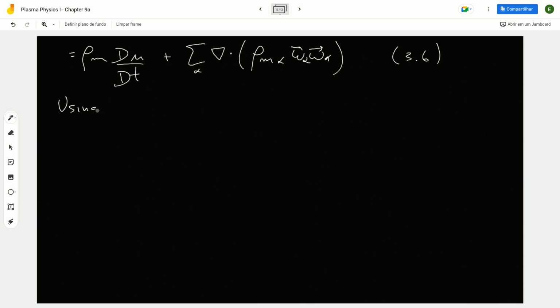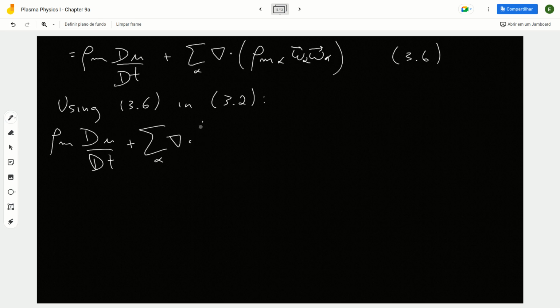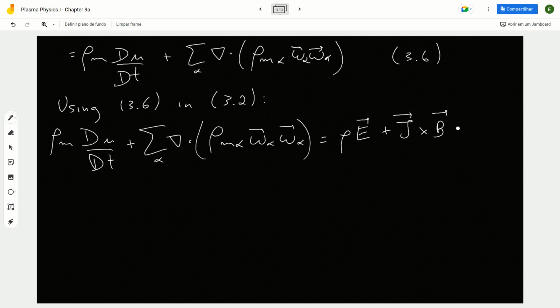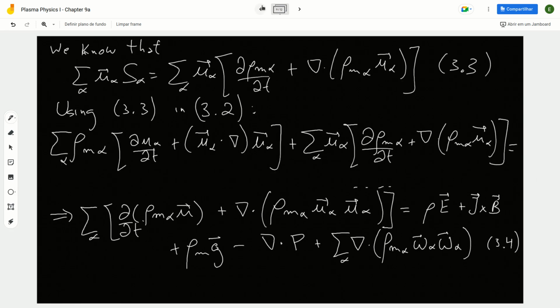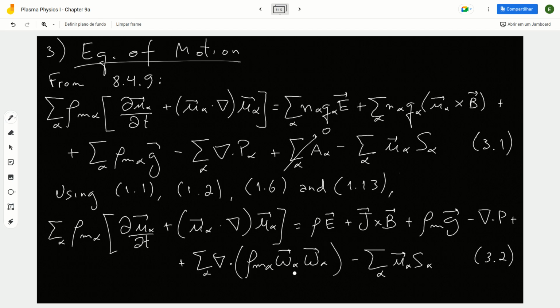Using 3.6 and 3.2, we get rho du dt plus the divergence of this equals rho E plus j cross B plus rho m g minus the gradient of p plus, what was the final term? 3.2 is, well, this one, right?